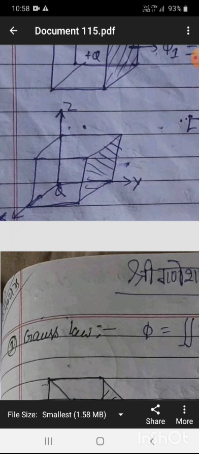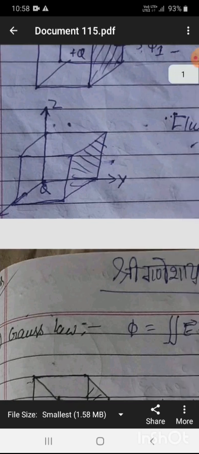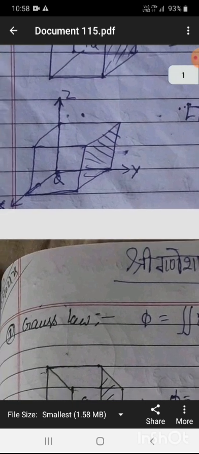Now, see in this figure. Suppose there is a charge Q which is placed at the origin. Then in that case, what would be the flux through each face? See clearly. How many cubes are required to enclose this charge completely?